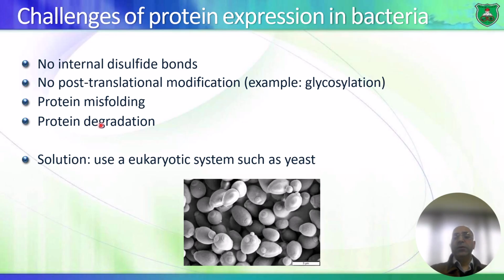Proteins can be misfolded, especially large proteins. So bacteria cannot handle large human proteins, but they can handle small proteins. And sometimes bacteria would degrade human proteins. They would say, what is that? I cannot recognize this protein. It looks funny. It looks awkward. It looks different, so they can degrade it.